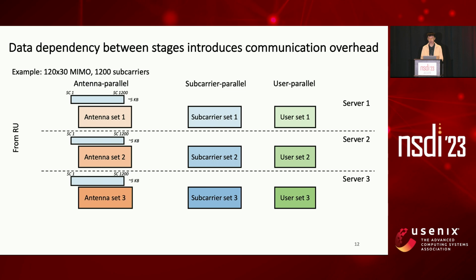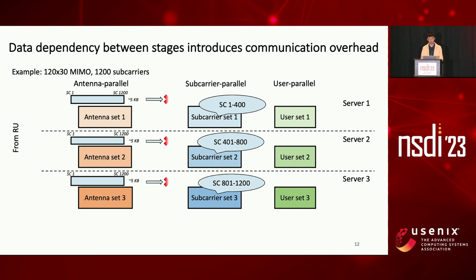Note that all the packets hold the data for all 1,200 subcarriers in the system, while each server in the subcarrier parallel stage processes a different non-overlapping set of subcarriers. Therefore, it is not possible to simply forward the packets directly to the next stage on the same server.